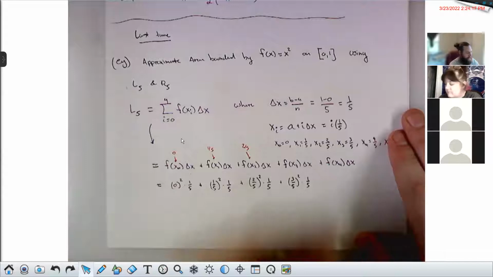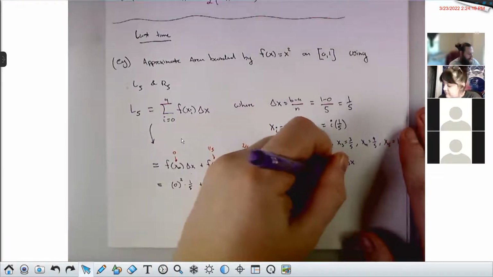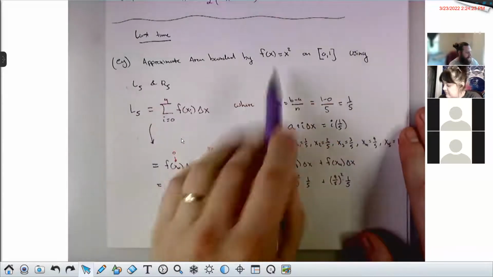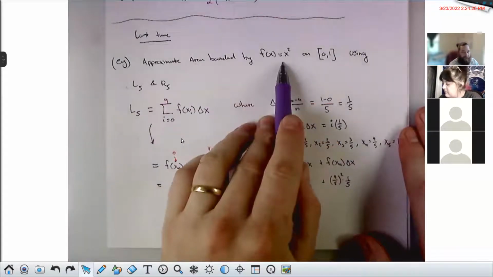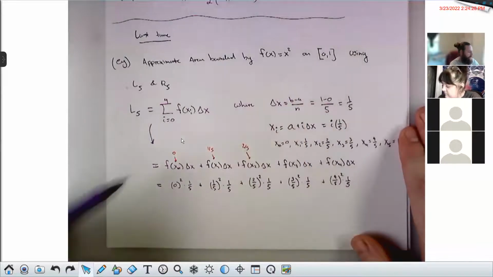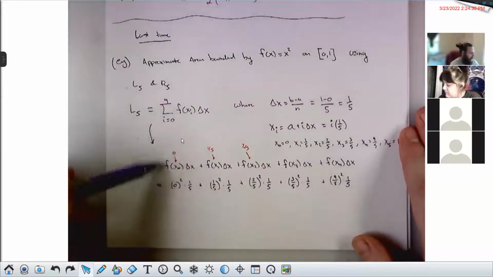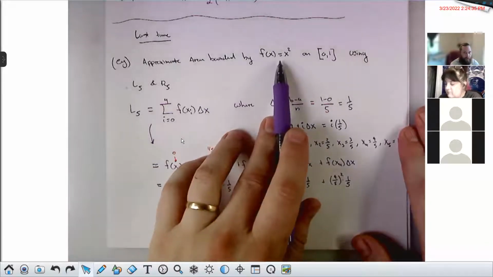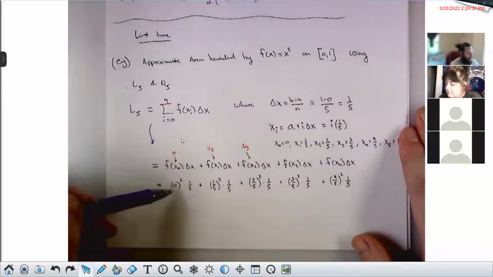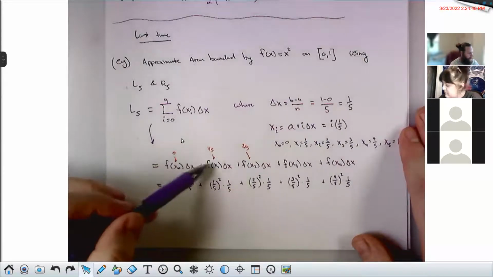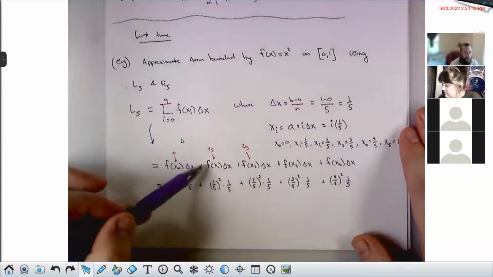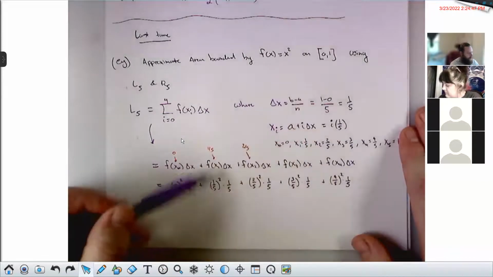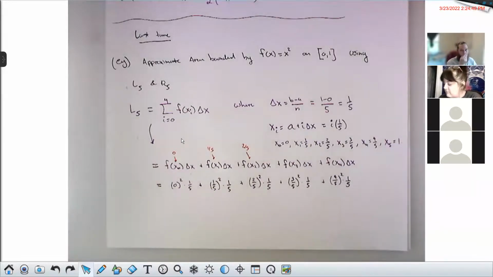Where are you getting the squared from? f of x is x squared. So f of anything is that thing squared. So for example, here I have f of 0. f of 0, if you look here, would be 0 squared. Or here I would have f of 1/5. The function f of x is x squared, so f of 1/5 is 1/5 squared.